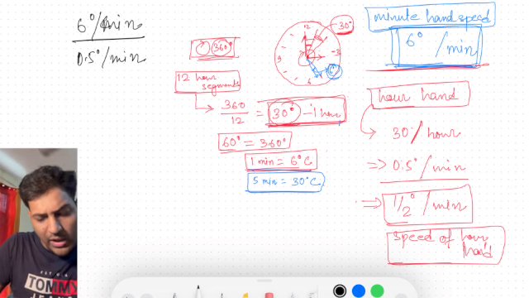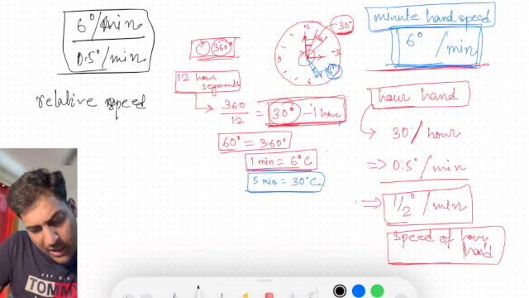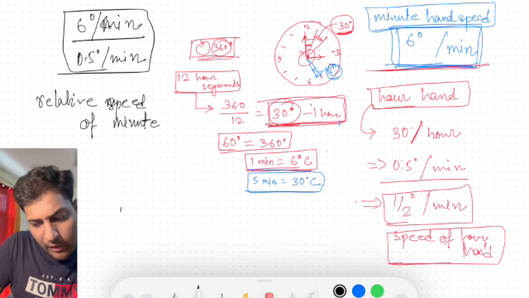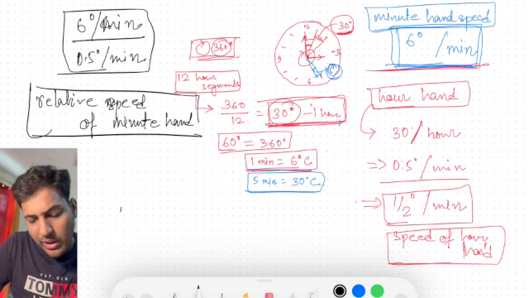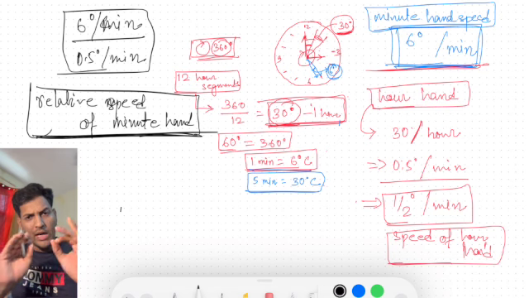Now can you tell me what is the relative speed of minute hand? First understand what is the meaning of relative speed, because many students here will not be from science background, so they may not know what relative speed means.